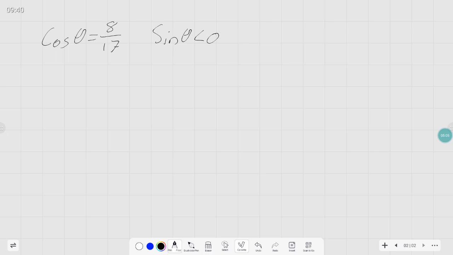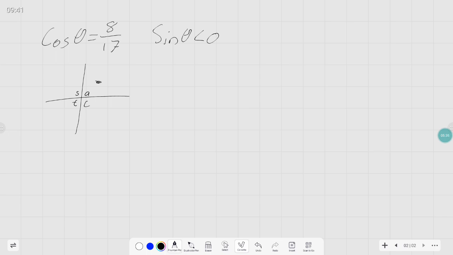Now, according to my CAST diagram, where will sine be negative? So if it's smaller than 0, it is negative. You agree? So where will sine be negative but cos be positive? In which quadrant?